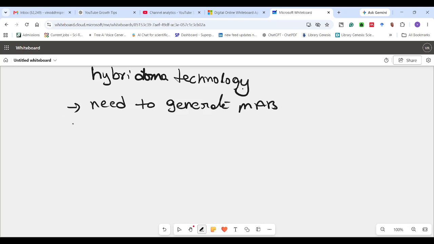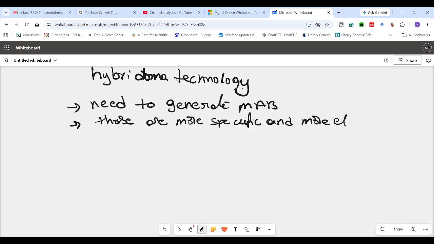Monoclonal antibodies are more specific and more effective. So why did they turn it into a hybrid? Because it uses two cell lines.